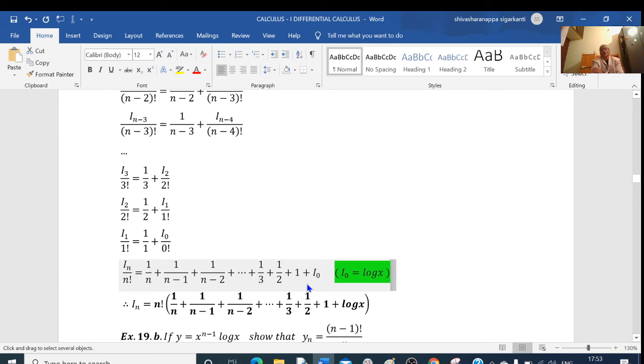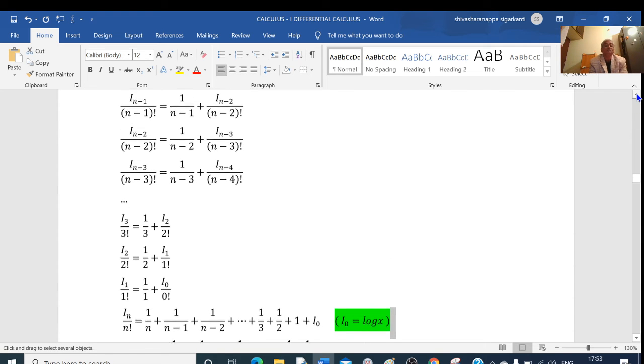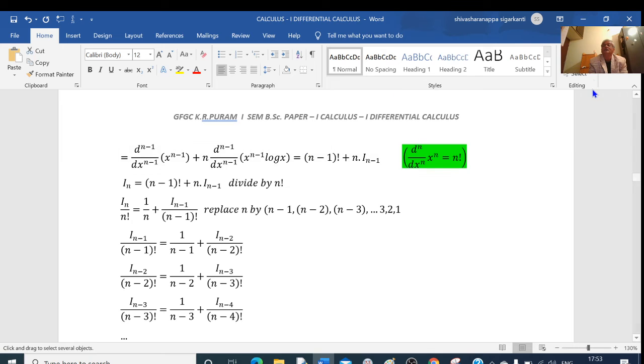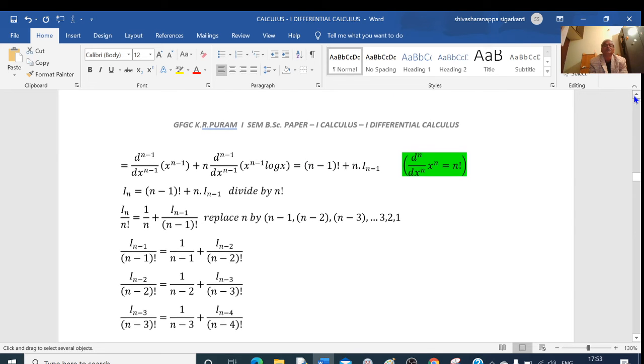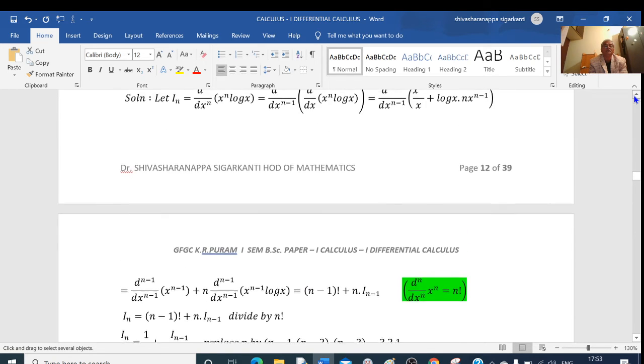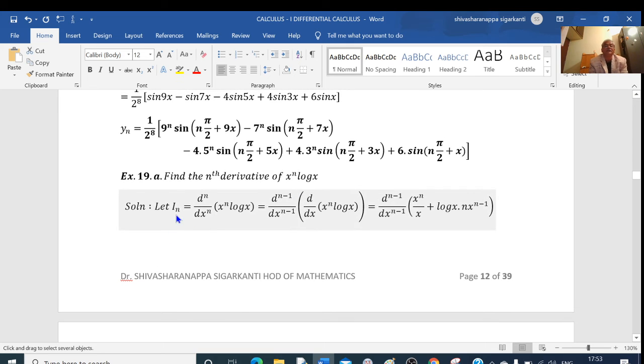Then what is I_0? I have taken I_n equal to d^n by dx^n of x^n log x. So I_0, if I put n equal to 0 here, I am getting I_0 equal to d^0 by dx^0.